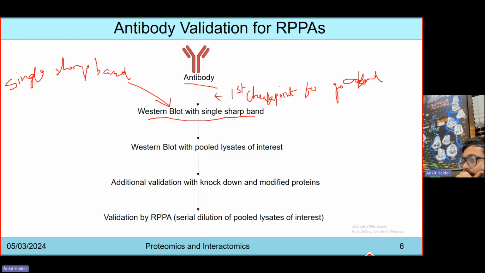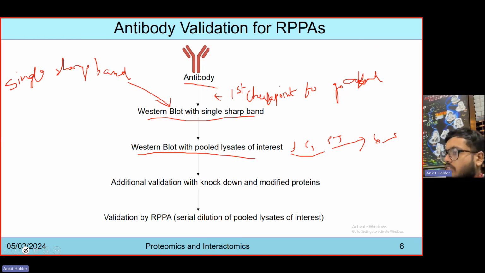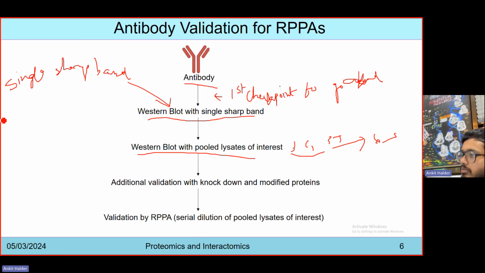Second is that the Western blot is done with pooled lysates of interest. So if you have the control and the tumor, for example, you are taking six samples and you are trying to do that. There also a single sharp band should come.